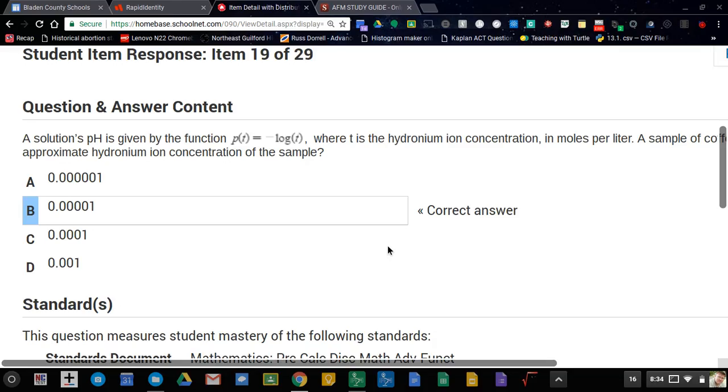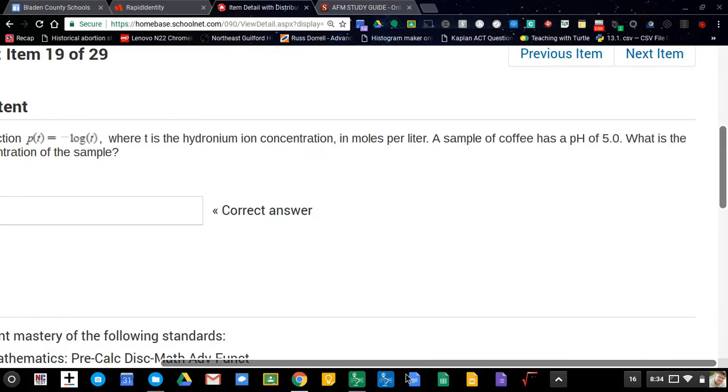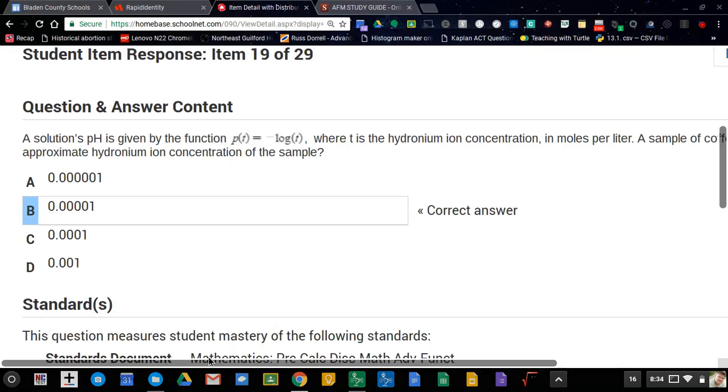You do have to know what the value of t represents and what the P represents. Okay? The pH is obviously the P, the t is the ion concentration, and they tell you units for that too. But it says a sample of coffee has a pH of 5. What is the approximate hydronium ion concentration of the sample?